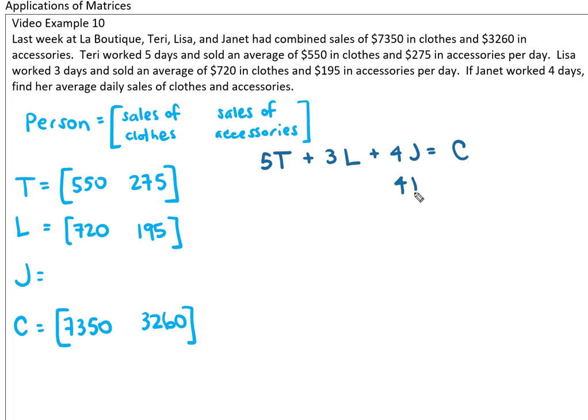First of all, isolating the J. And then dividing by 4. We get 1/4 times this whole phrase. And then let's plug in our matrices.